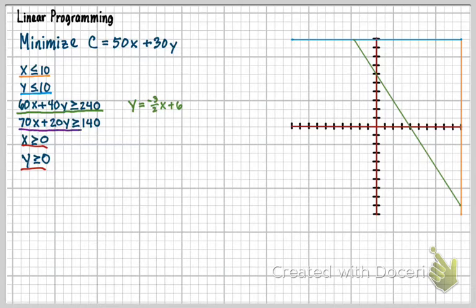70x plus 20y equals 140. So now let's simplify that one just the same. So I'm going to move that 70x over, so I get 20y equals negative 70x plus 140. And then I'm going to divide by 20 everything here.